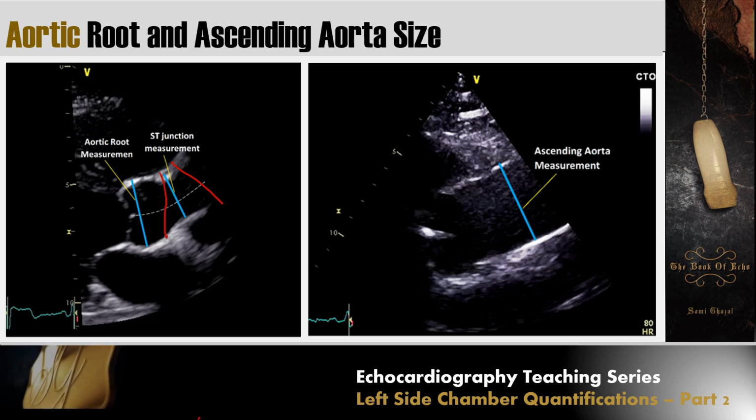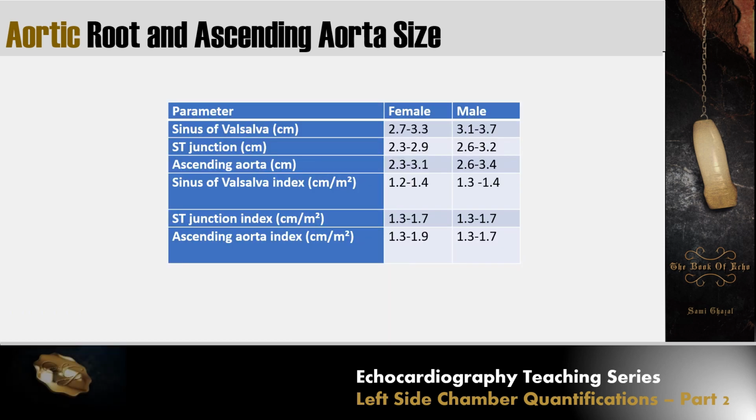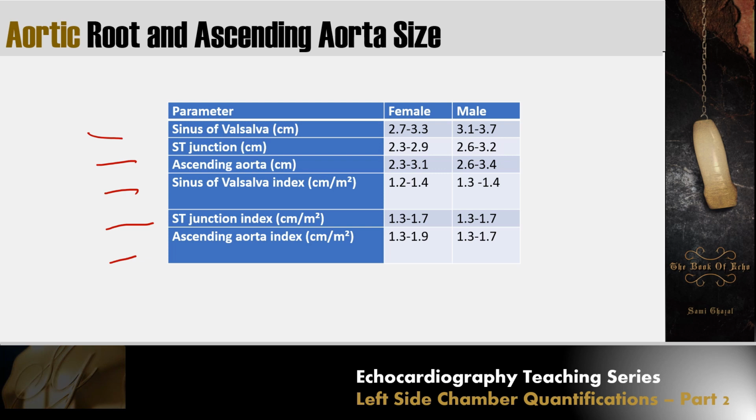So we need to imagine an imaginary line of the long axis of the aorta, like this dotted line here, and we measure in a way perpendicular to that line. And those are the normal values of different parts of the aortic root and aorta.